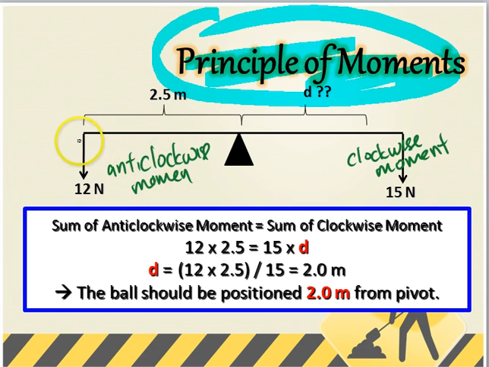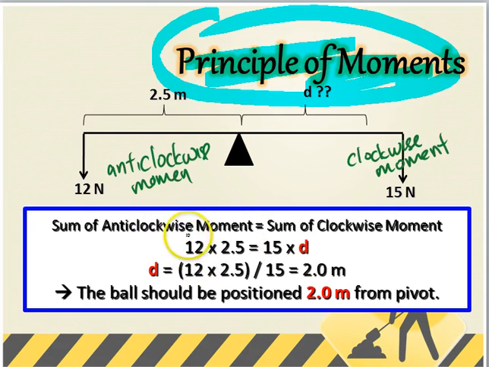So you can see this 12 Newton produces an anti-clockwise moment. This 15 Newton produces a clockwise moment. There's a chance that, because they are two different types of moments, they may be able to cancel out. How do they cancel out? By going against each other. So what's the distance to be placed so that they cancel each other just nice, in the right amount?